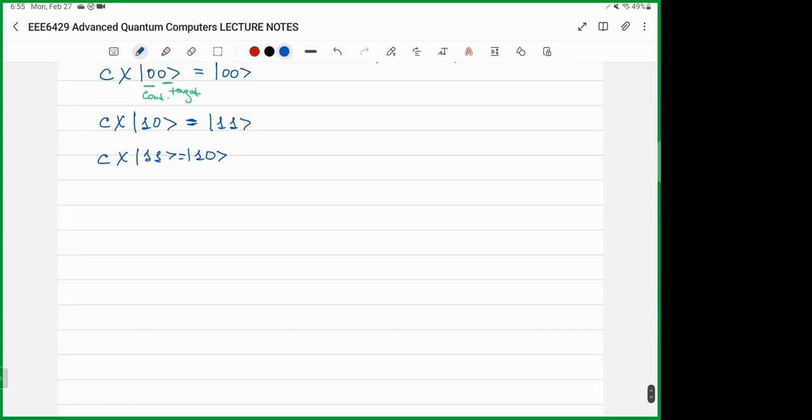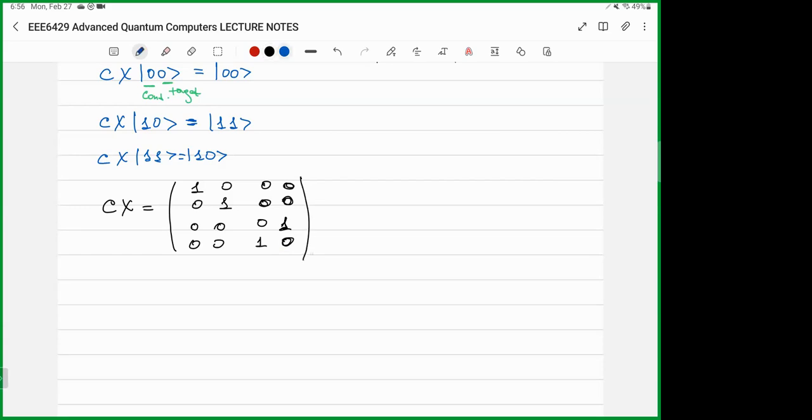In terms of the matrix representation, the matrix that corresponds to all these operations is a 4 by 4 matrix: 1, 0, 0, 0 in the first row, then 0, 1, 0, 0, then 0, 0, 0, 1, and 0, 0, 1, 0. I enumerate these elements 00, 01, 10, 11, and likewise for the columns.